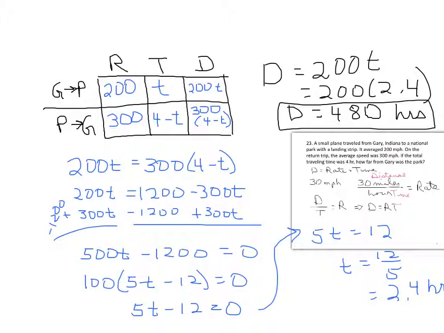And if it does, you've done the problem right. So let's do that. 300 times 4 minus t, which is 2.4, is 300 times 1.6, and that equals 480, just like we were hoping it did.